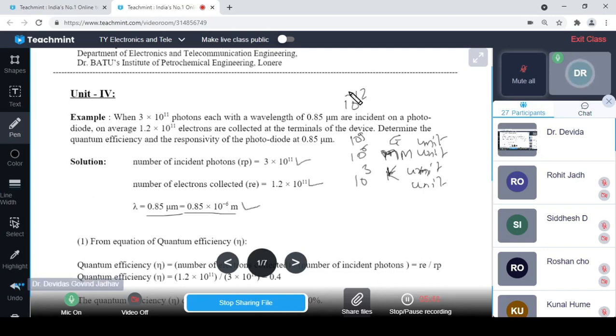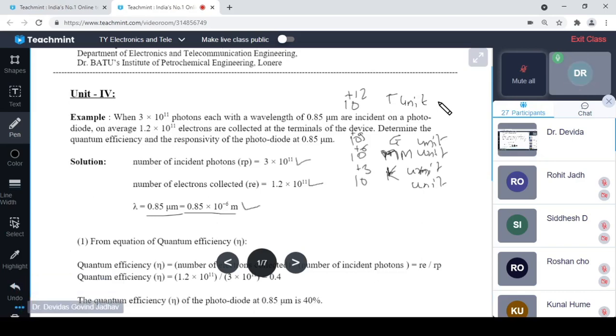These are plus 12, plus 9, plus 6, plus 3. 10 raised to 12 is tera, capital T: terahertz, terameter, teragram, terawatt, terajoule.